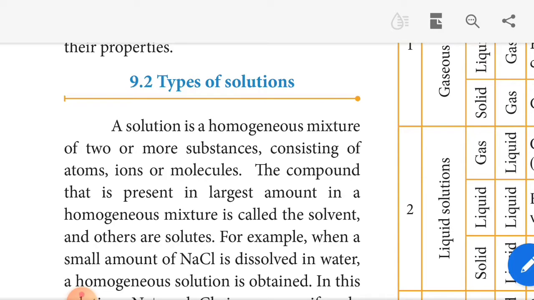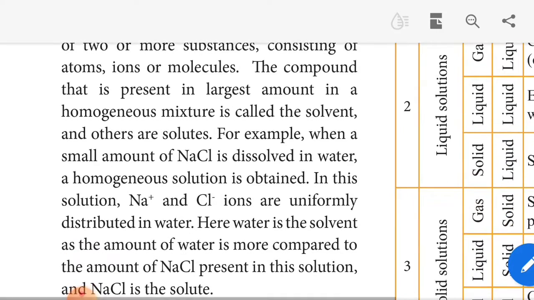In a homogeneous mixture, the compound that is present in the largest amount is called the solvent, and the others are solutes. For example, when a small amount of NaCl is dissolved in water, a homogeneous solution is obtained. In this solution, Na+ and Cl- ions are uniformly distributed in water.